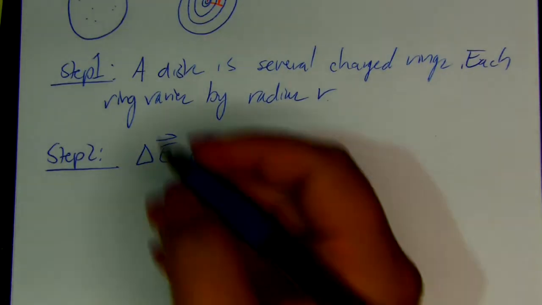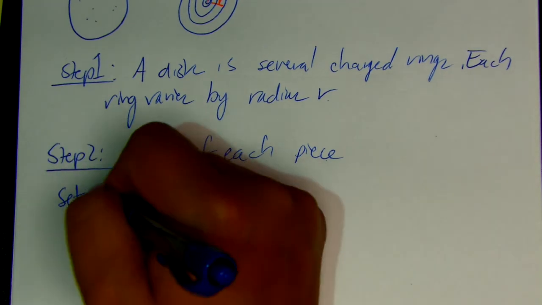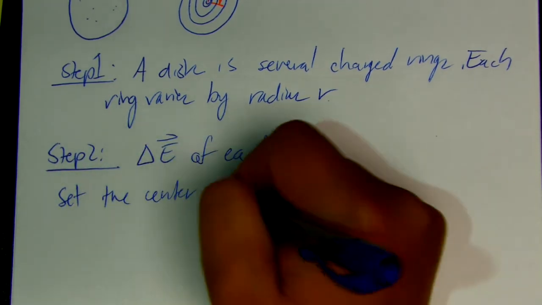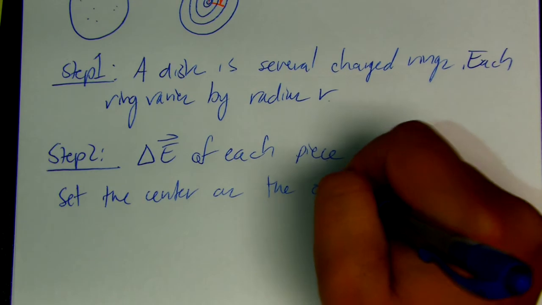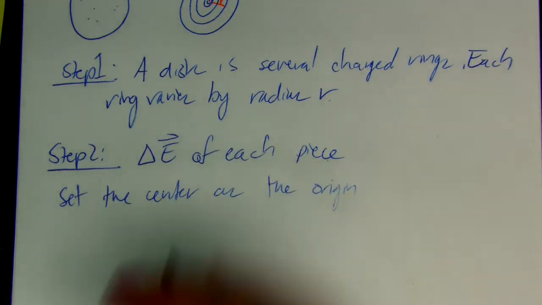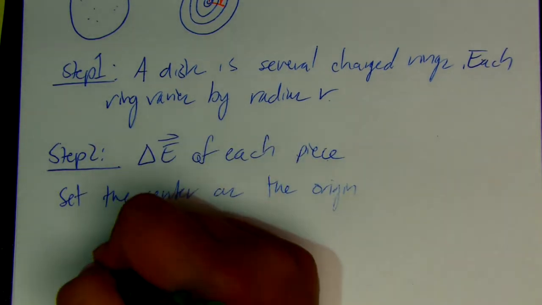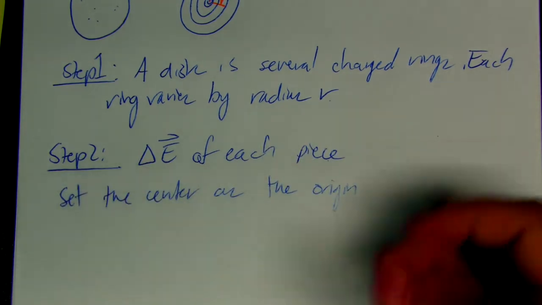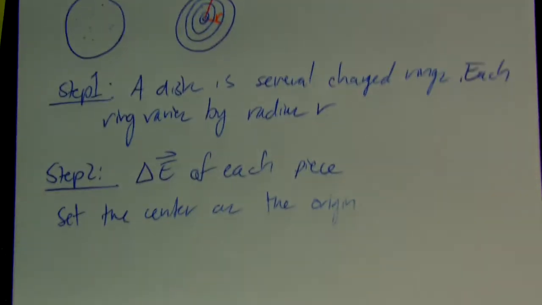Okay, so we're going to set the center as the origin. Oh, this is running out of ink. Let's see if this works any better. Okay. So then we know that as we go outward, the radius little r is going to change.